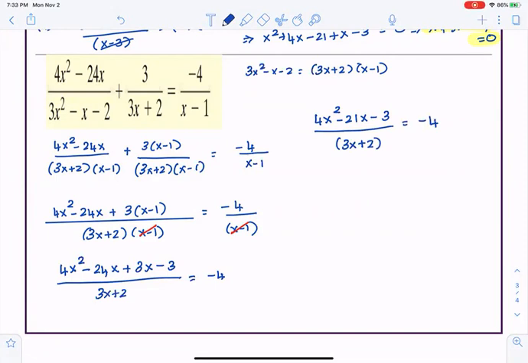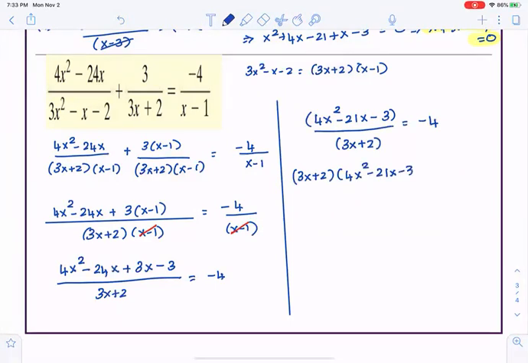Now we're going to multiply both sides by 3x plus 2. So 3x plus 2 multiplied by 4x squared minus 21x minus 3 over 3x plus 2 equal to negative 4 multiplied by 3x plus 2.